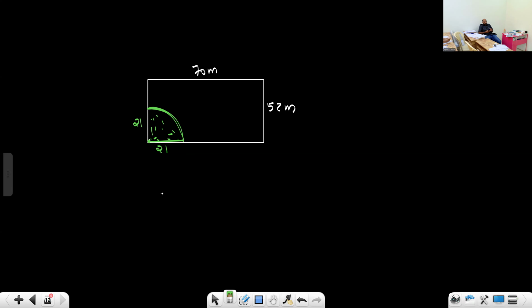Try. Because the horse is tied in the corner, he can eat only that quadrant part.